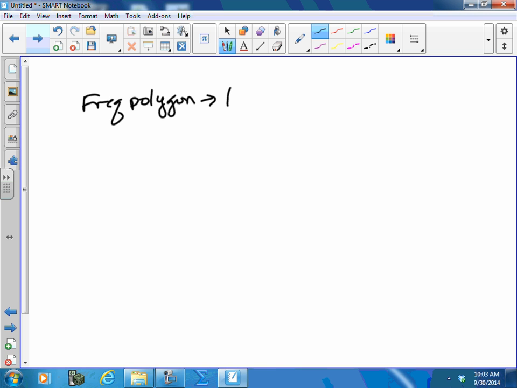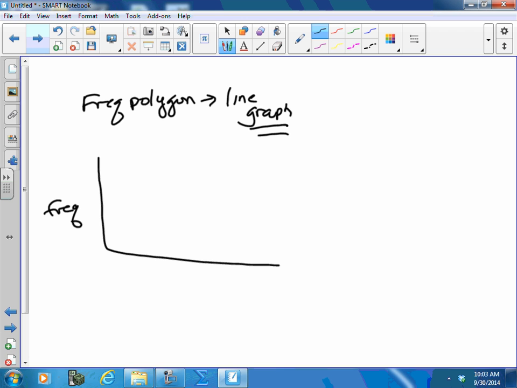This is a line graph. It's going to have the same frequency on your y-axis, but on your x-axis, put your midpoints. And this is important.